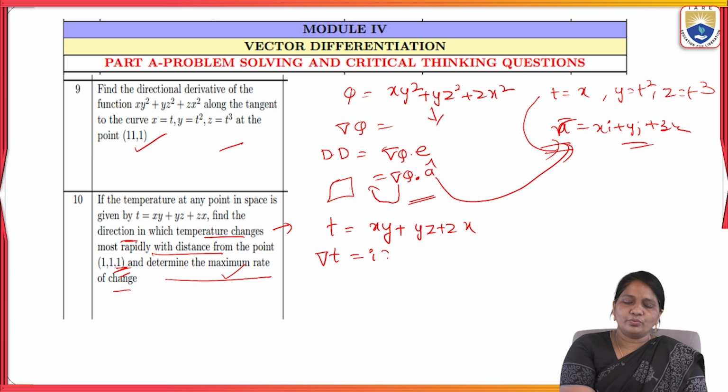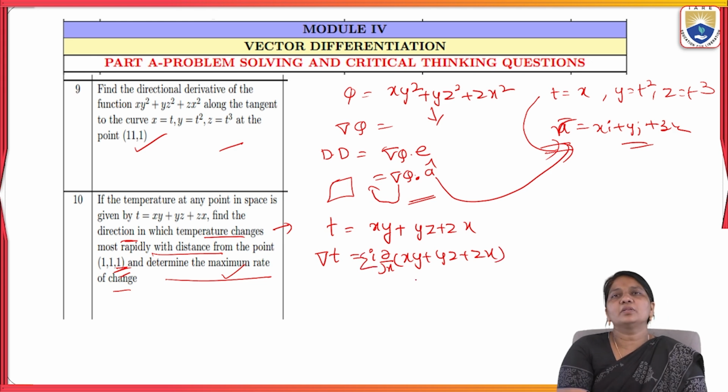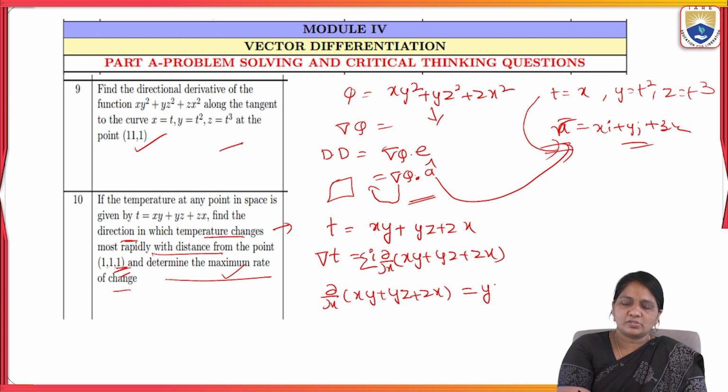So i into ∂/∂x of (xy + yz + zx). We are going to use this summation, then ijk we can write. So first of all, ∂/∂x of (xy + yz + zx) value we have to calculate. With respect to x we are doing, y is a constant, so x derivative is 1. Plus here y and z both are constants, so 0, plus z into x derivative is 1.